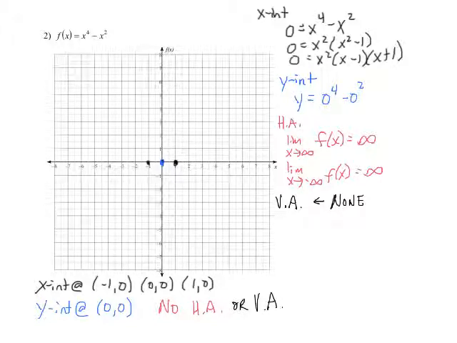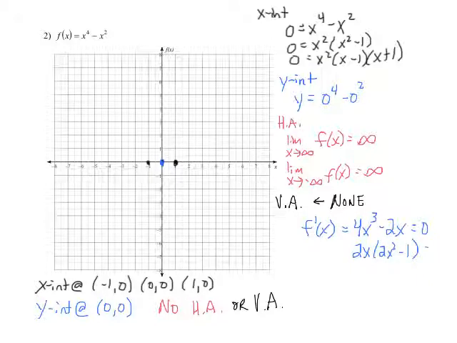Now we want to get into talking about our increasing and decreasing intervals. So let's set f prime of x equal to 0. f prime of x is 4x to the third minus 2x, and if we set that equal to 0, we can factor, we get 2x times (2x squared minus 1) equals 0.